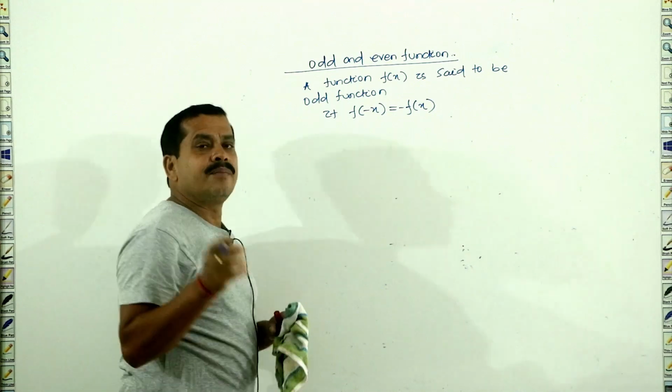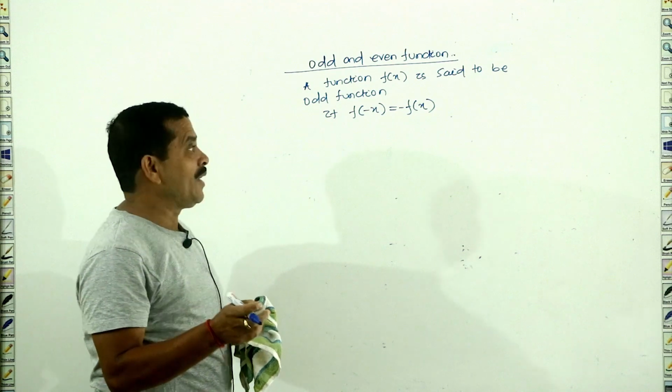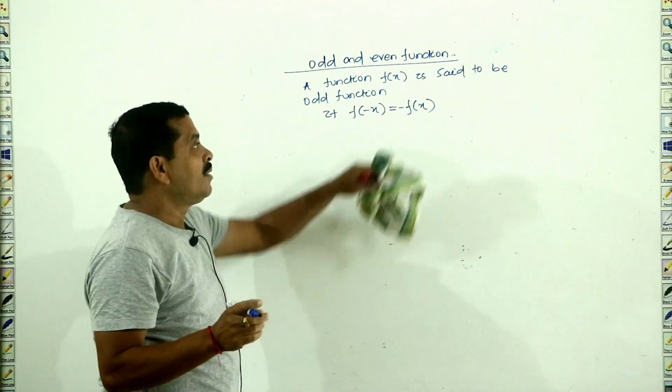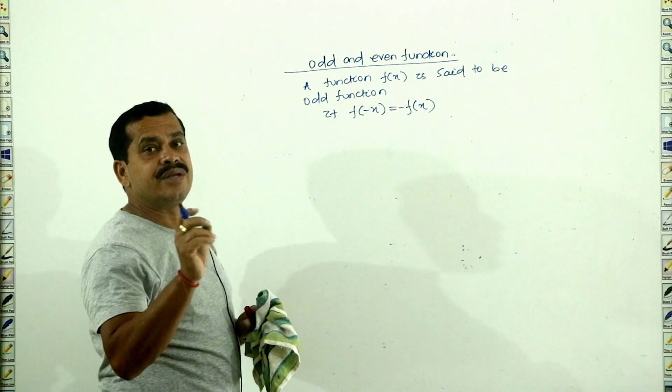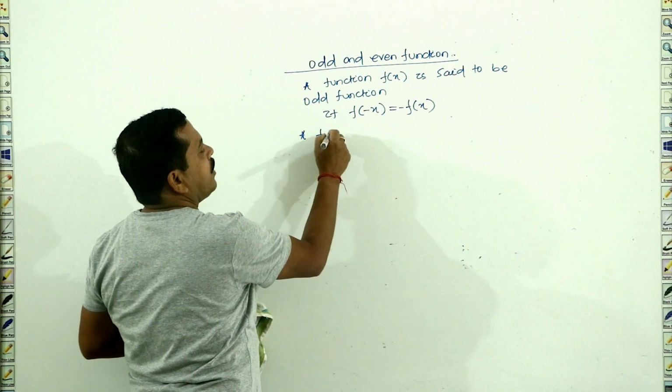If we take minus x in place of x and after simplification we get minus f of x, then it is said to be an odd function.